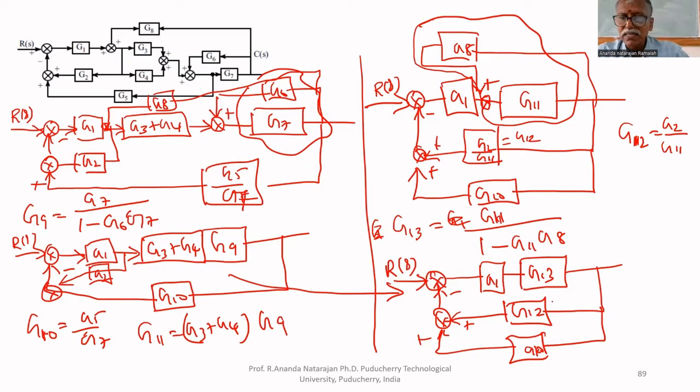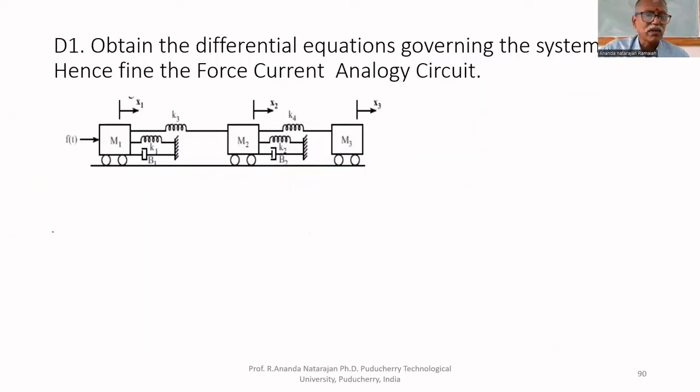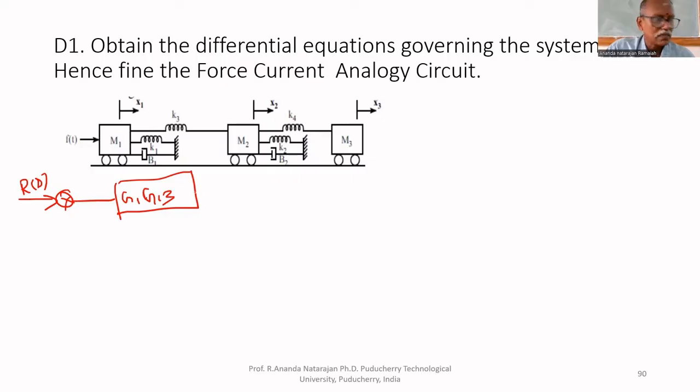So finally, G10 and G12 can be added together. Therefore, we can write R of S equal to G1 G13 and G12 plus G10.